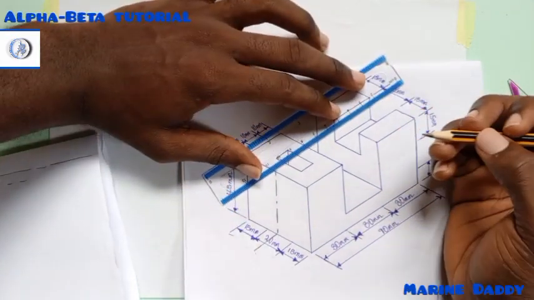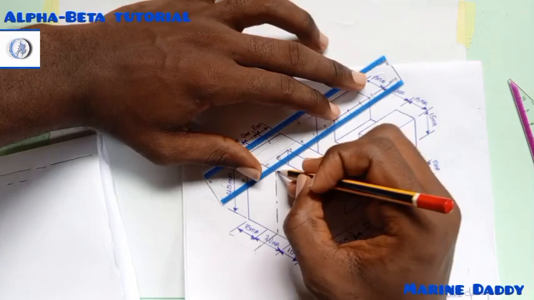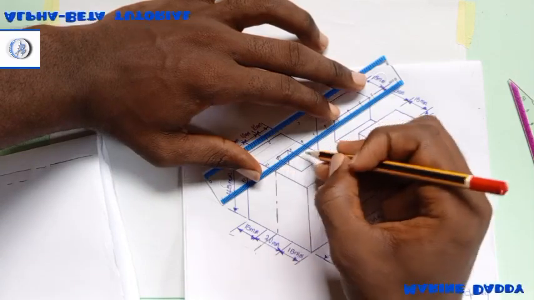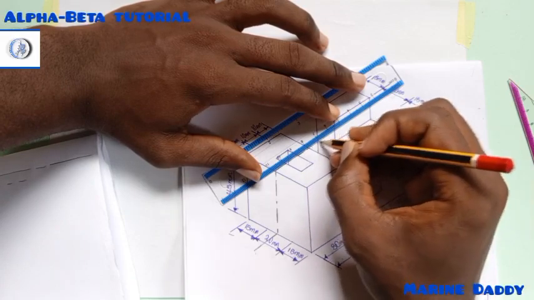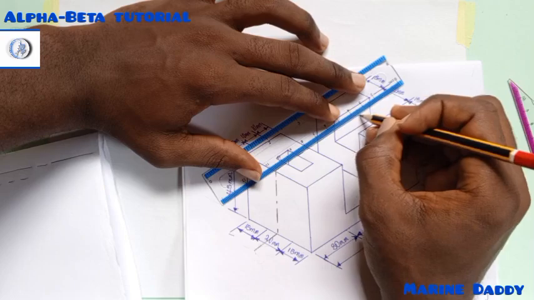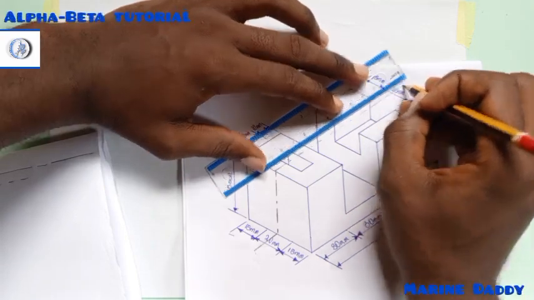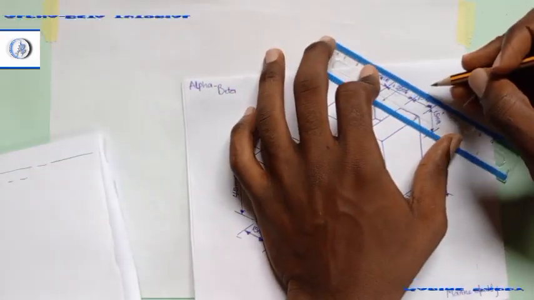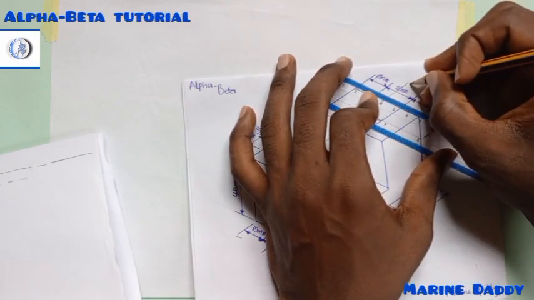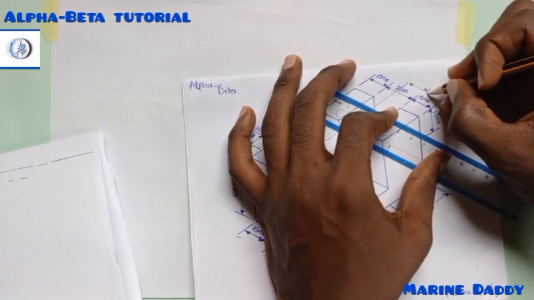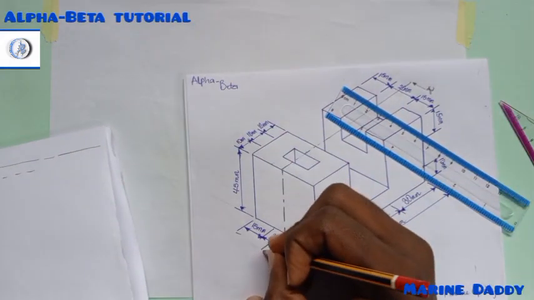You understand? Equally, when you see something like this, you know it's passing through the diagram equally. When you see something like this, it also carries a letter. I like using S.